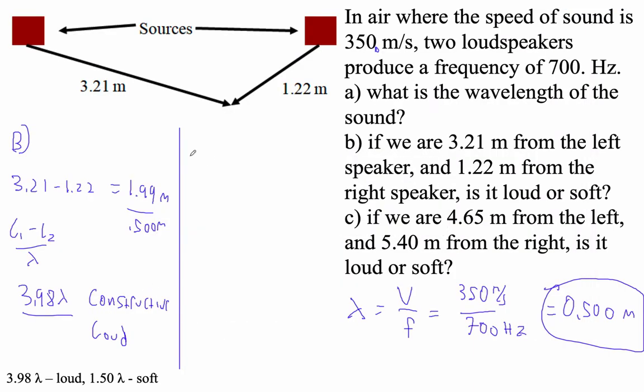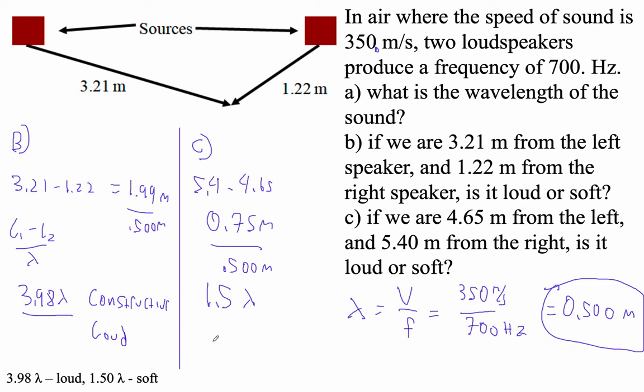All right. Now let's do part C. If we're 4.65 and 5.4, we'll just subtract 5.4 minus 4.65. That is 0.75. And then I'm going to divide that by the wavelength to figure out how many wavelengths it is. Divided by 0.5, and I get that it's 1.5 wavelengths exactly.